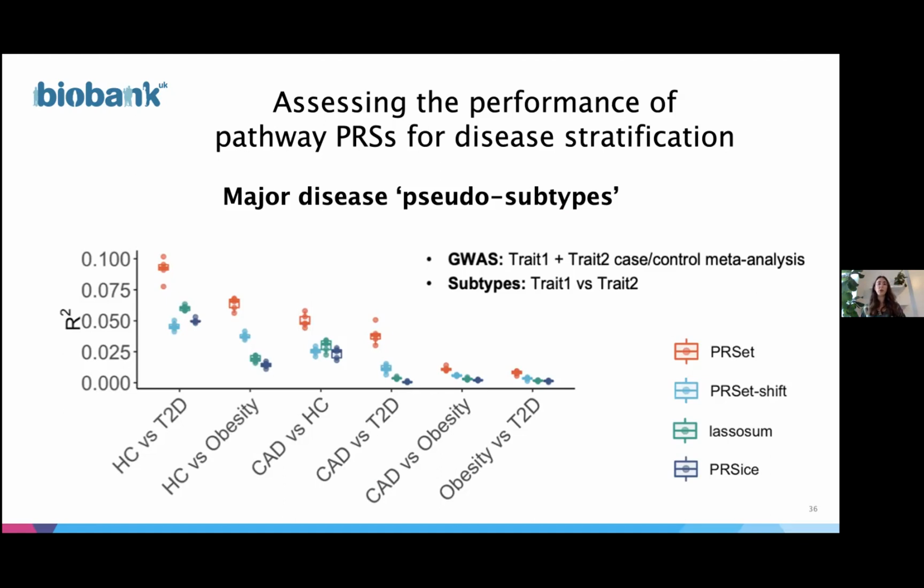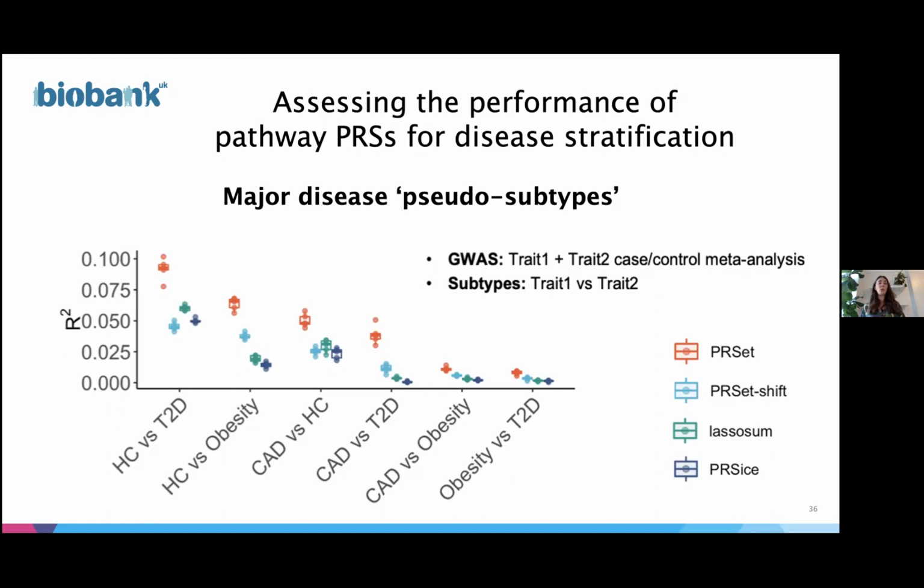So for example, we were combining individuals with hypercholesterolemia and type 2 diabetes. And what we were doing was to meta-analyze the 2 traits' GWAS. So we will have a big meta-analysis GWAS that is taking into account 2 different diseases.